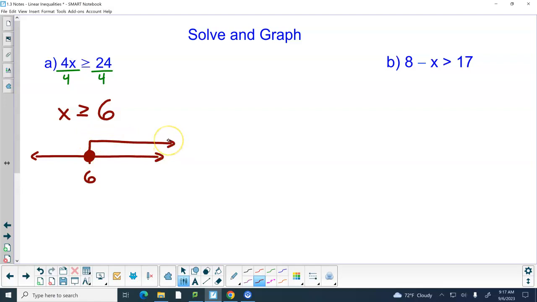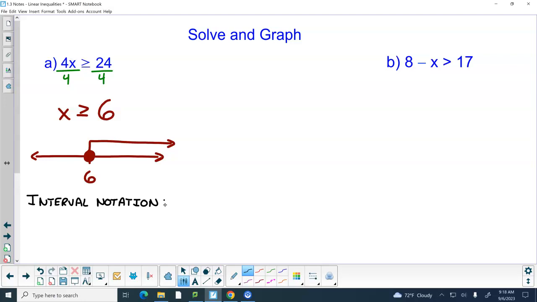Okay? Now, I will go one step further too, in that we could also put our answer in what is called interval notation. Interval notation uses parentheses if it's not equal to, and brackets if it is equal to.